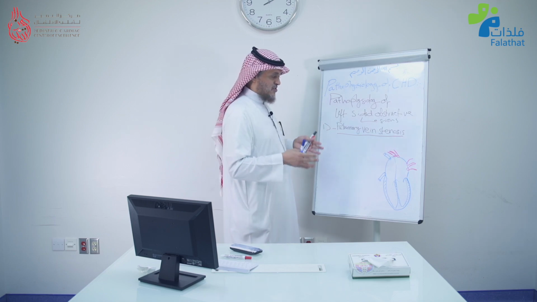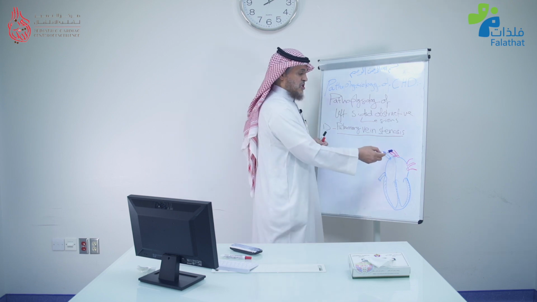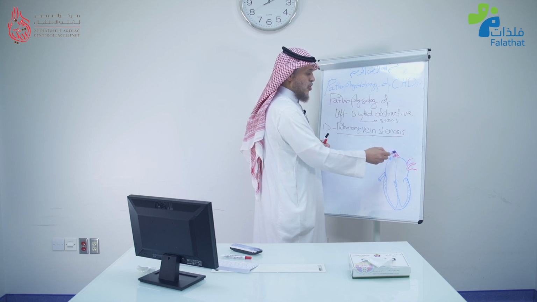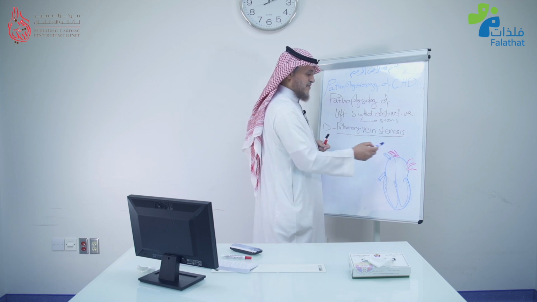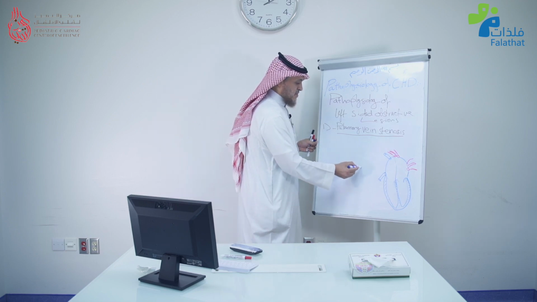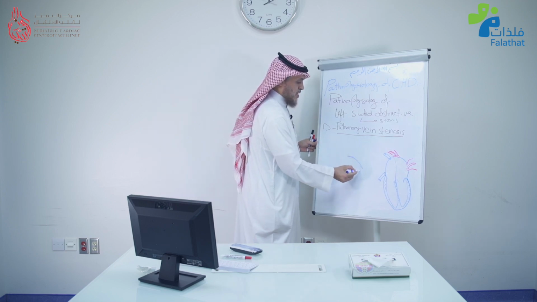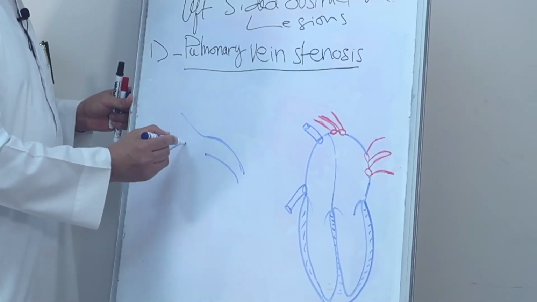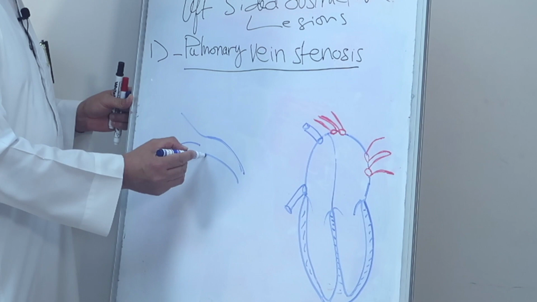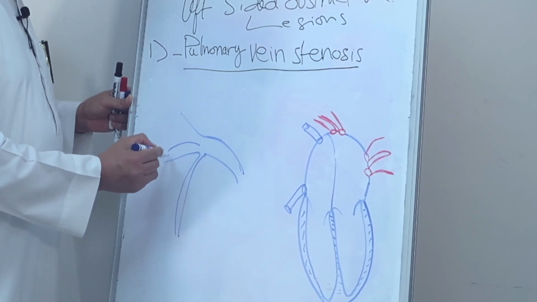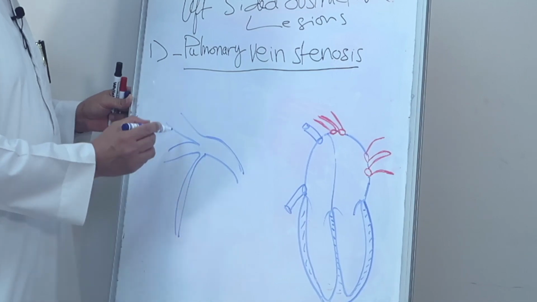Now let's talk about the real stuff, which, let's say we have unilateral, right-sided, both vein stenosis. The two veins are stenotic. So the right lung, this is the right pulmonary artery, with an upper lobe branch, a middle lobe branch, and a lower lobe branch.